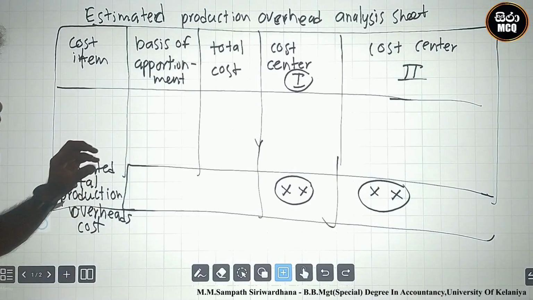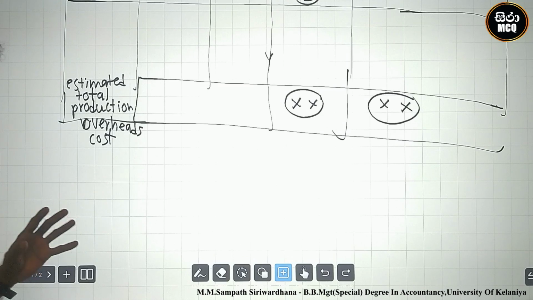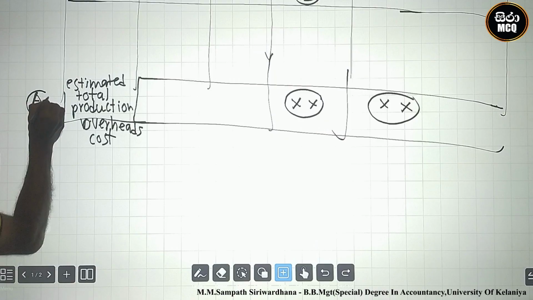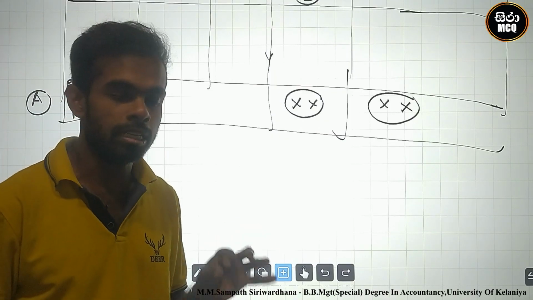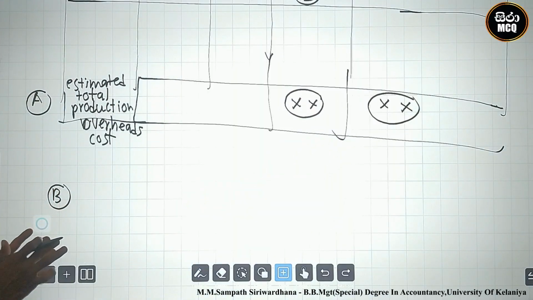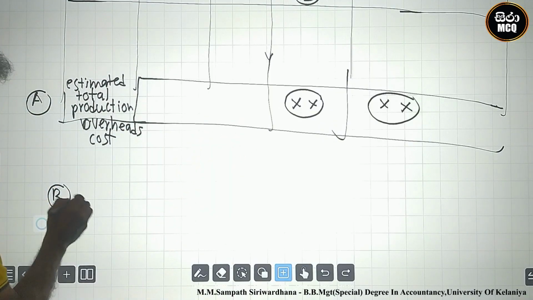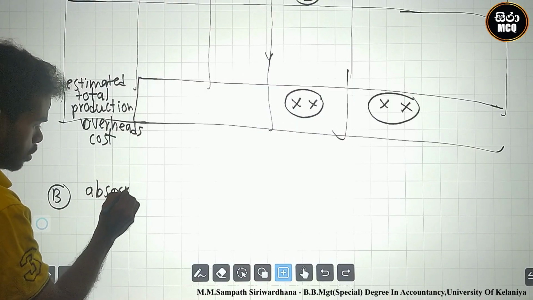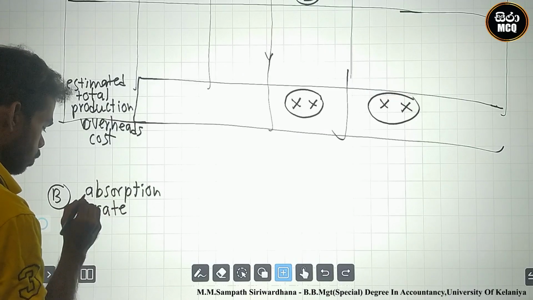After preparing this analysis sheet, this is the first step, the A step. What is the B step? You calculate a separate absorption rate for cost center 1 and cost center 2. I concentrate only on cost center 1. How can we calculate the absorption rate?